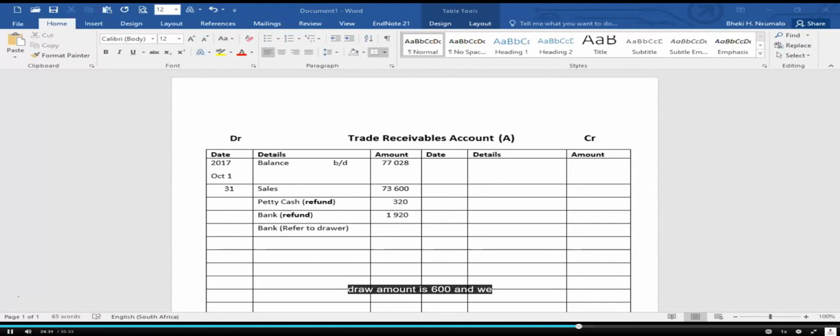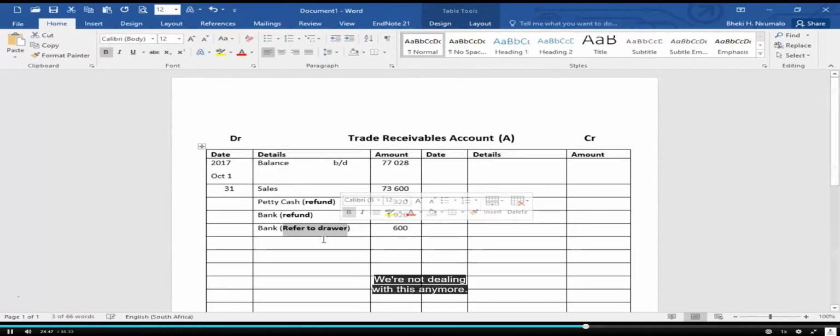So the amount is 600 rand. Anyway, we are not dealing with checks anymore. You won't find a check referred to drawer. But that is how we recorded this, refer to drawer, because there is no money.